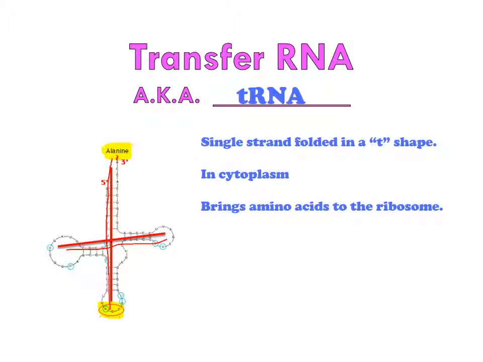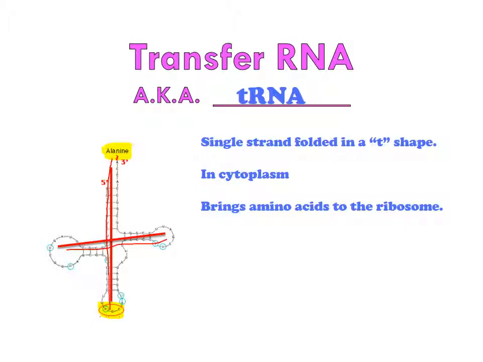If you think back to our cells unit, amino acids are the monomer, the individual Legos that build a protein. So this guy, the transfer RNA, is responsible for bringing every single Lego to the ribosome to get built into the protein castle.